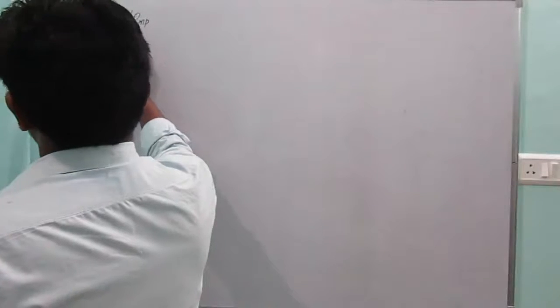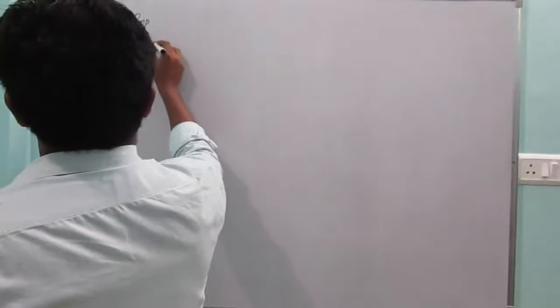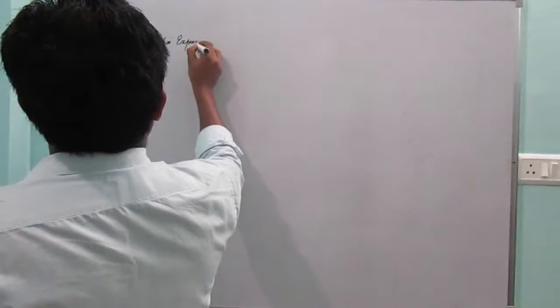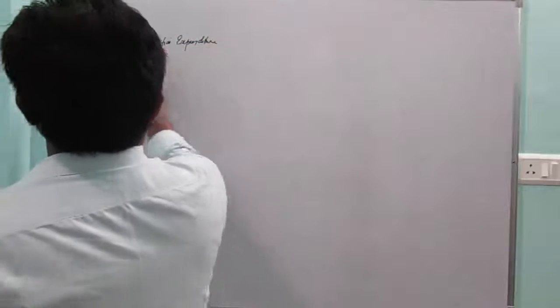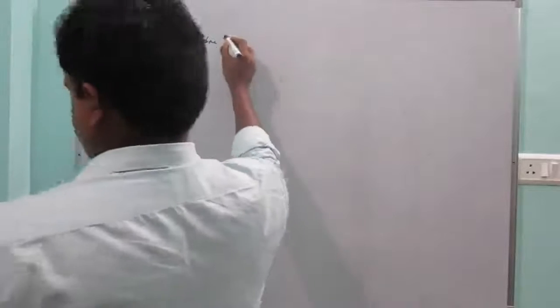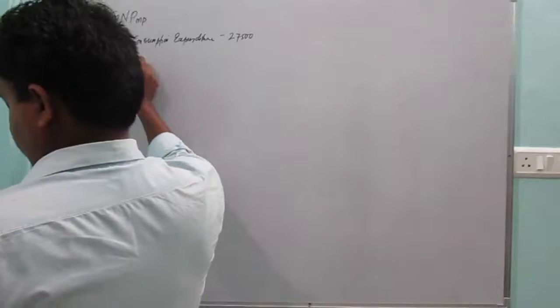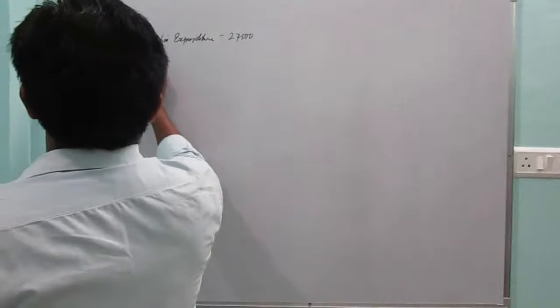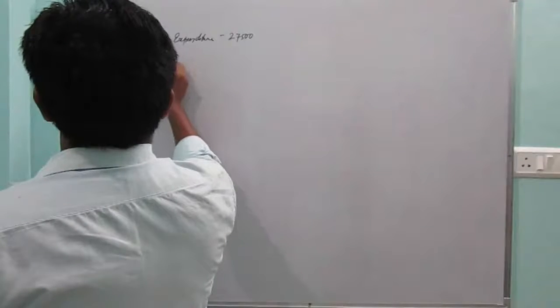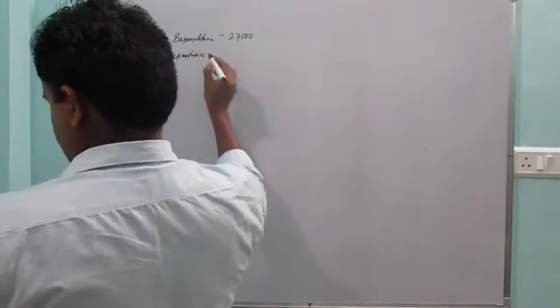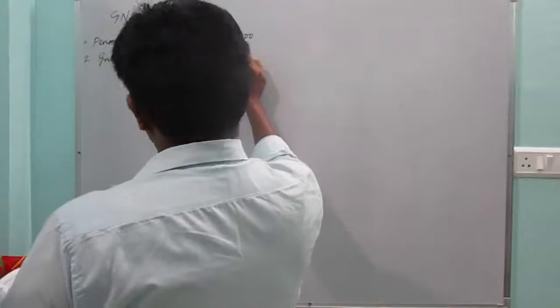Personal consumption expenditure is 27,500. Government consumption expenditure is 3,000.